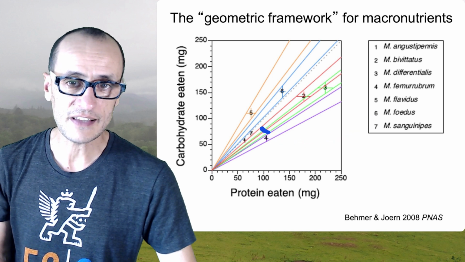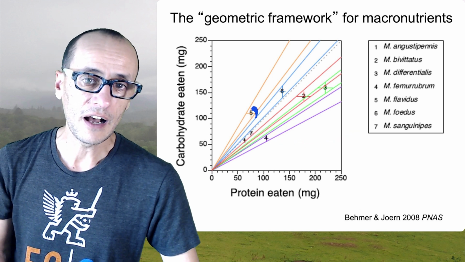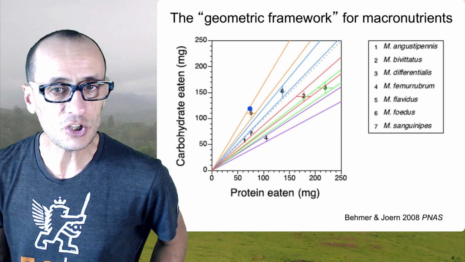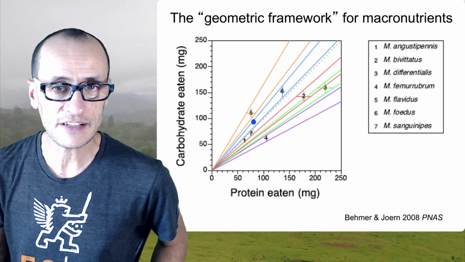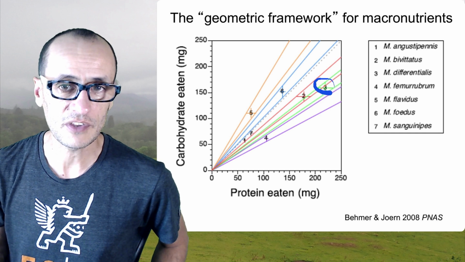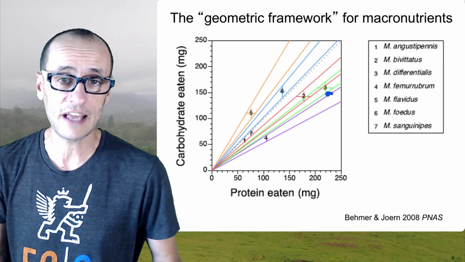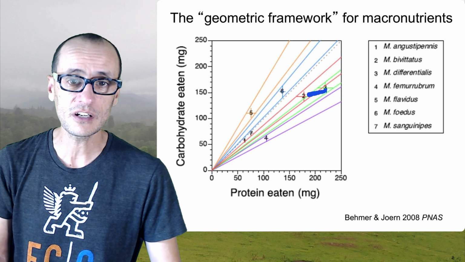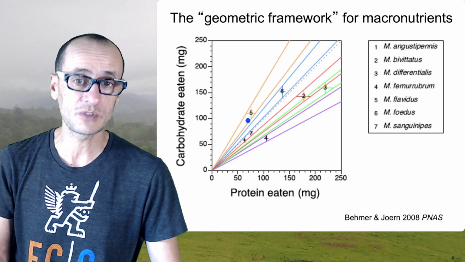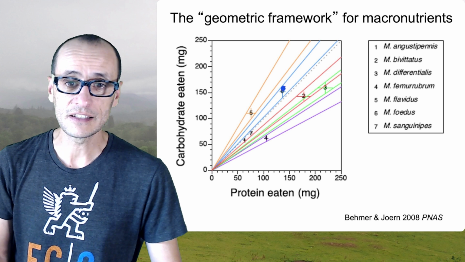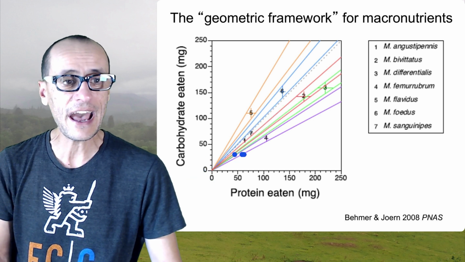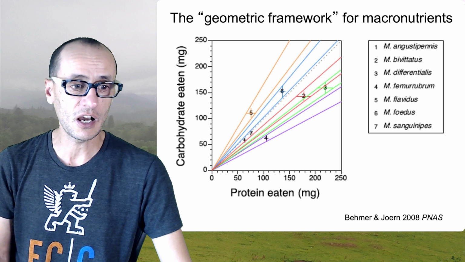What they found was that their trophic niche space was a little bit different between the different grasshoppers. Some tended to have a high intake of both protein and carbohydrates, carbon and nitrogen. Others had slightly different ratios over here, and that would allow them to survive. Not all of them were along these same trajectories. So they had different carbon to nitrogen ratios.